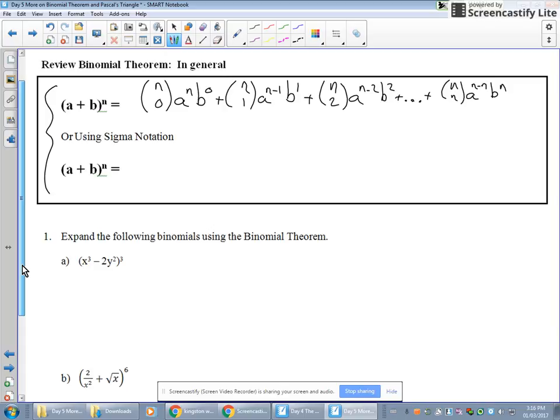In sigma notation, this is written as the sum from r equals 0 to n of n choose r, a to the n minus r, b to the r.